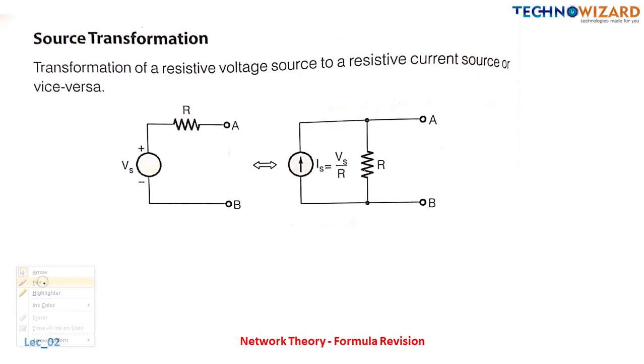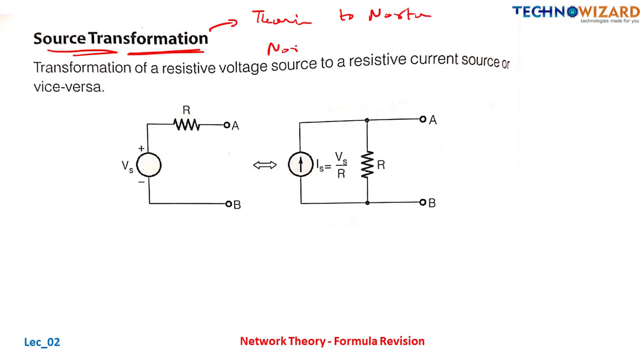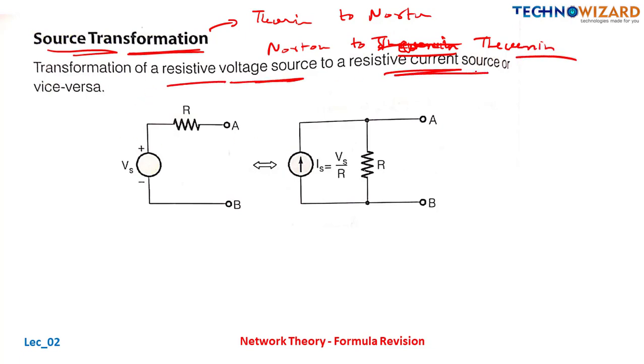Now what is source transformation? This is a very, very important property. Generally, it is used to convert Thevenin to Norton or Norton to Thevenin. This is known as source transformation: transformation of a resistive voltage source to a resistive current source.